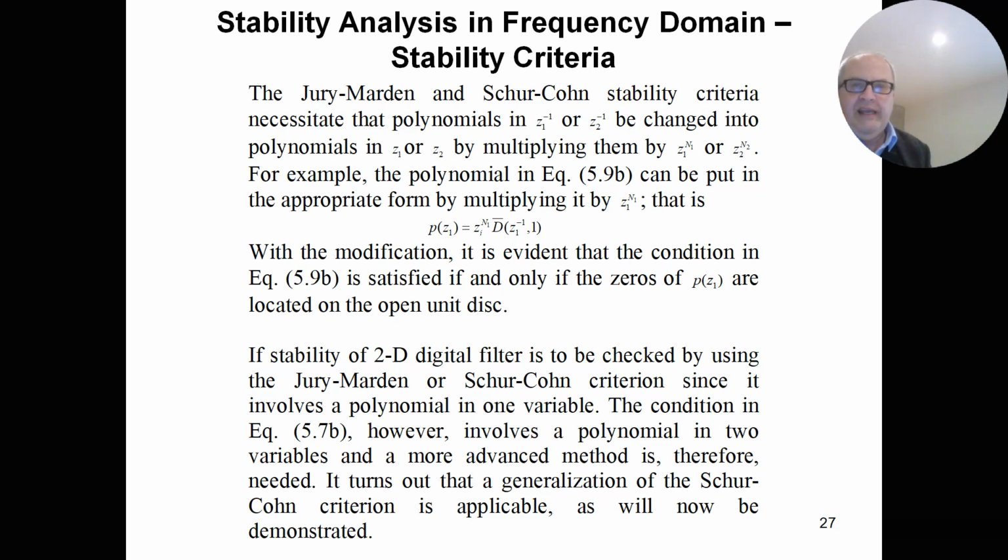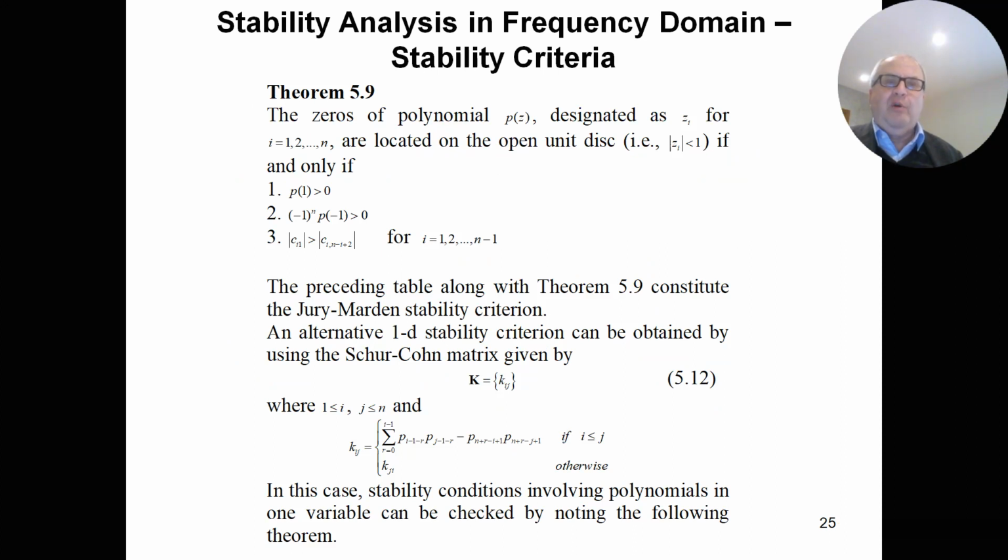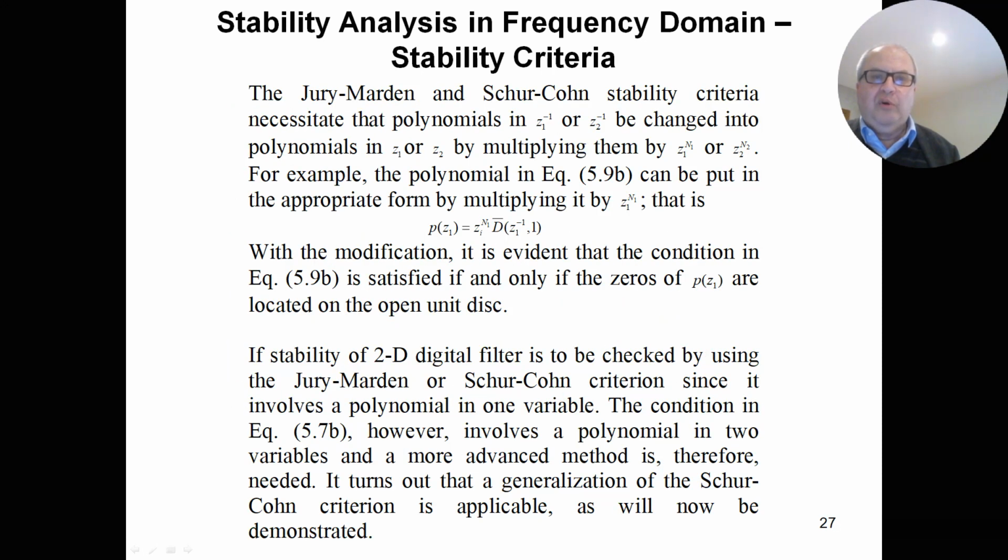What we say here is that we start with the theorem of stability of one-dimensional polynomials, and we can write the polynomial in two dimensions in an appropriate way, where you have, for example, a polynomial of Z1 and Z2. You can see it as a polynomial of Z2 with coefficients that are polynomials of Z1, or a polynomial of Z1 with coefficients that are polynomials of Z2.